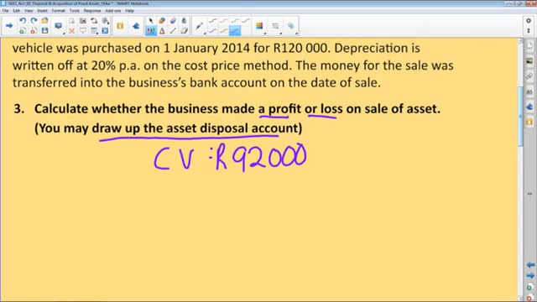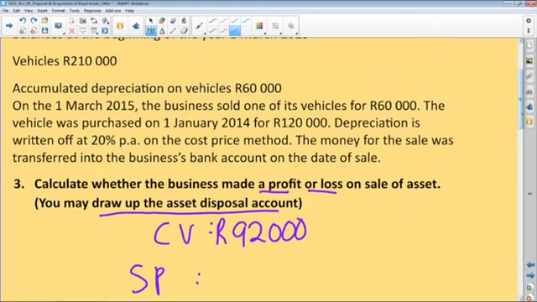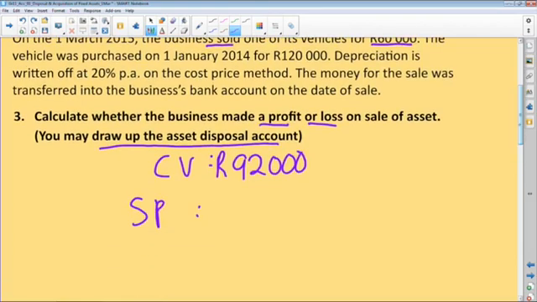Right. The selling price. Let's now go to the selling price. What did we sell the vehicle at? So if we go back to our information, the business sold one of its vehicles for an amount of 60,000. Okay, so the selling price is 60,000. So look at this, guys. It's worth 92,000. Okay, however, we sold it for 60,000.